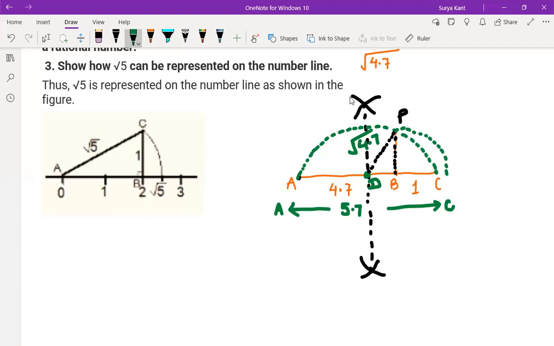So this is nothing but root of 4.7. So this point is nothing but what? Root of 4.7, and this distance is root of 4.7. Is it clear or not?